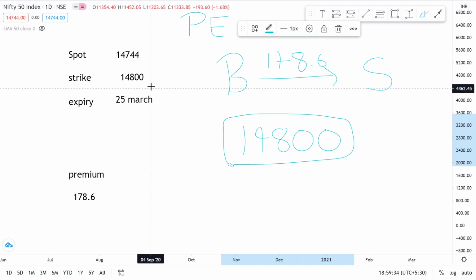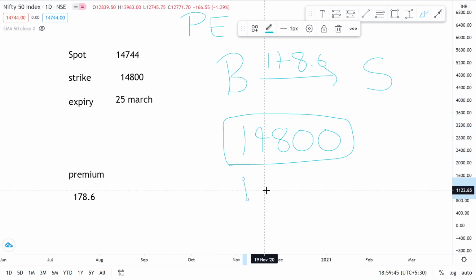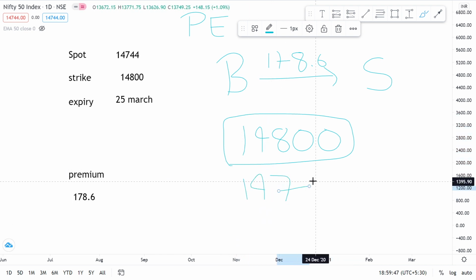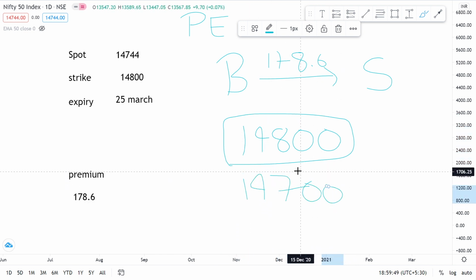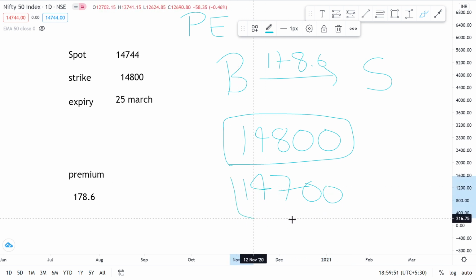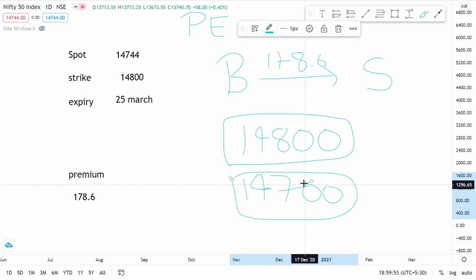Now suppose Nifty spot price is currently 14,744. Suppose it comes down to 14,700, right? Now this is not the current level.